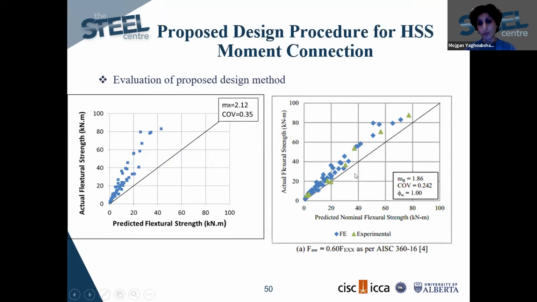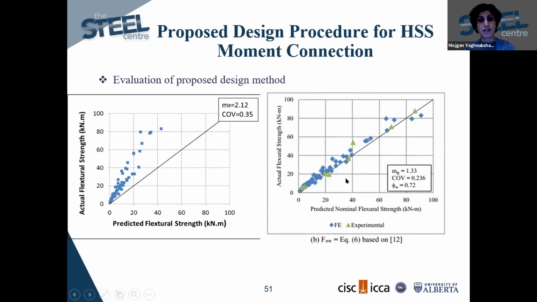As you compare this graph, the first graph is the one with the current provisions of AISC, and the second one is based on the new design recommendation, and it is observed that they can calculate the capacity of the connection more realistically.